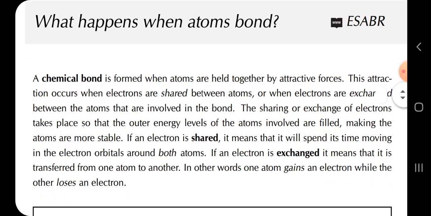So what happens when atoms bond? A chemical bond is formed when atoms are held together by attractive forces. Remember what we said, metals are slightly positive compared to non-metals. Non-metals are negative.